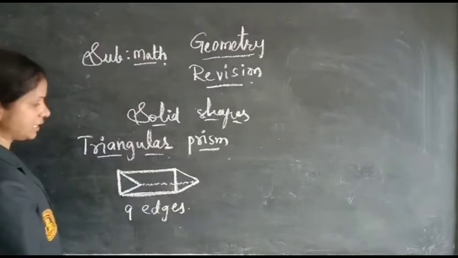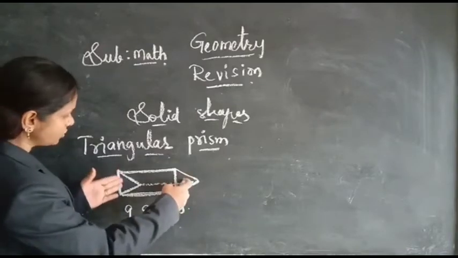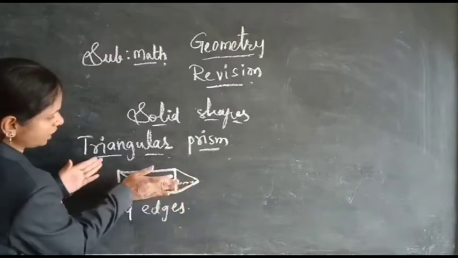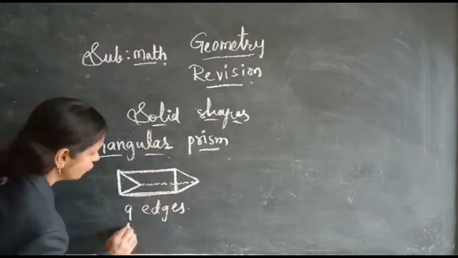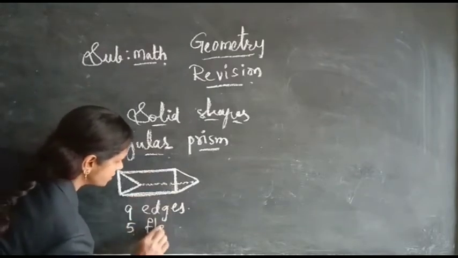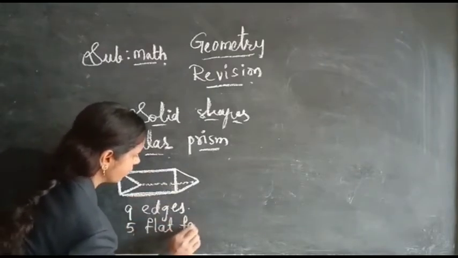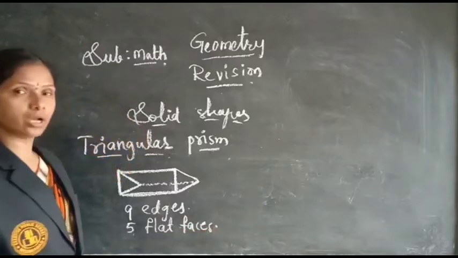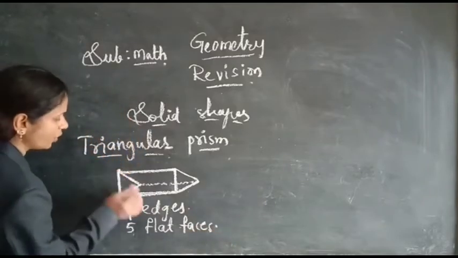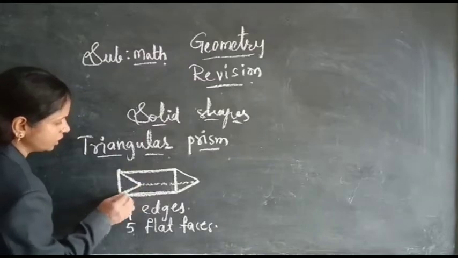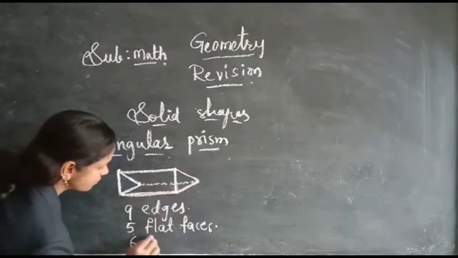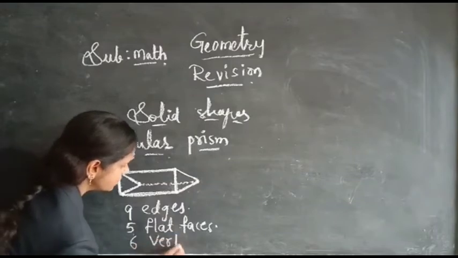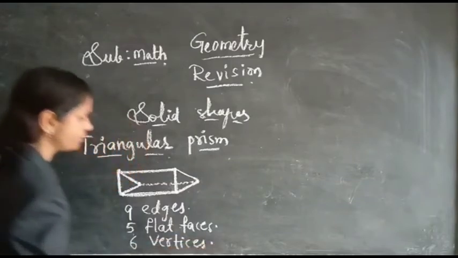Now its surfaces, let's count. 1, 2, 3, 4 and the base is 5. So 5 flat faces. Now coming to the vertices. 1, 2, 3, 4, 5, 6. 6 vertices.